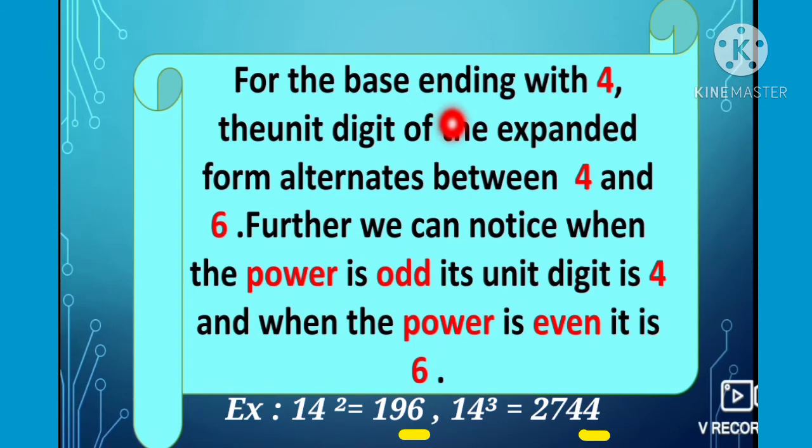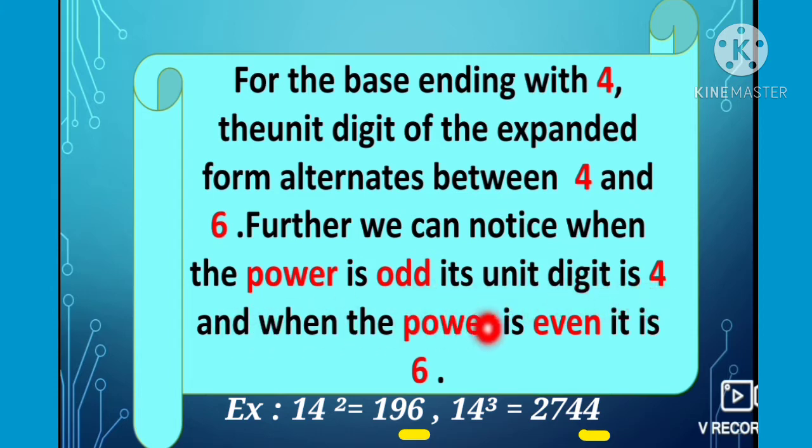For the base ending with 4, the unit digit of the expanded form alternates between 4 and 6, isn't it? Yes. Further, we can notice when the power is odd, that is 4 power 1, 4 power 3, 4 power 5, like that, its unit digit is 4.